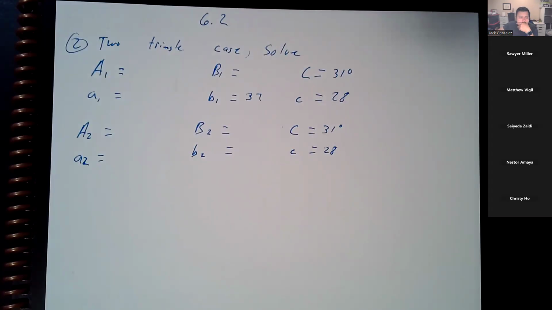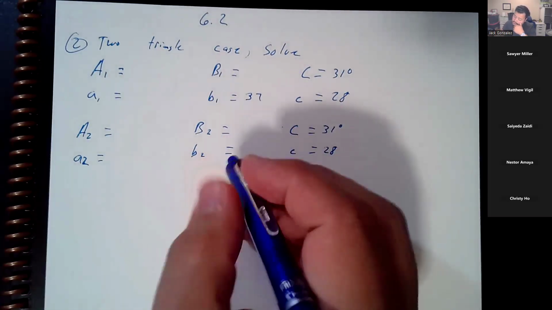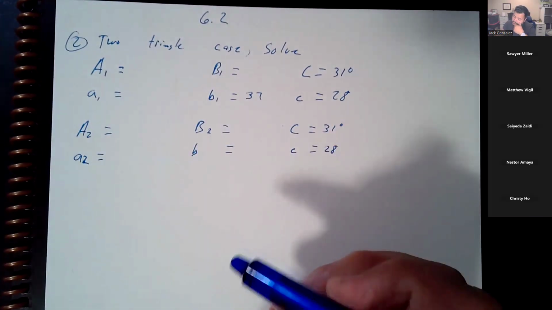Double check everything before we get started. Okay, so let's solve for capital B. I don't think that we'll have another B1 for lowercase, but we'll check in a second.